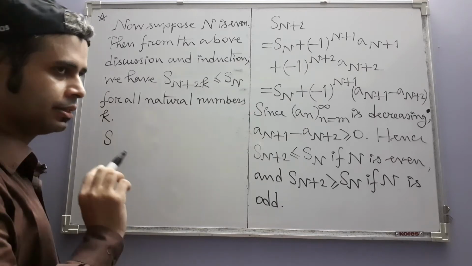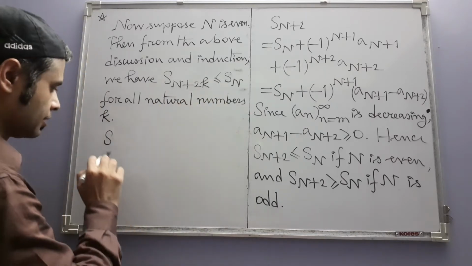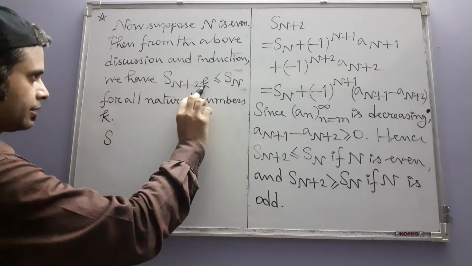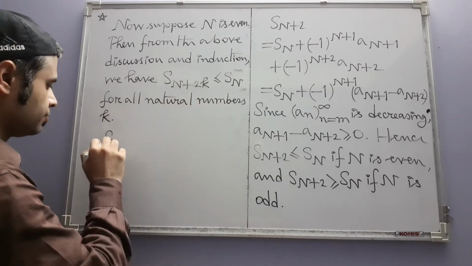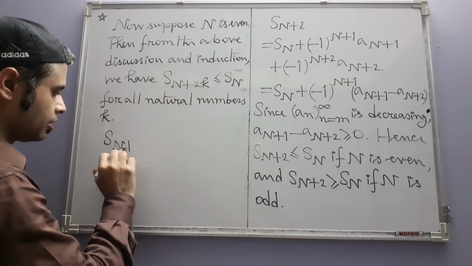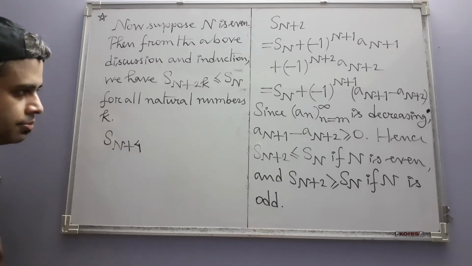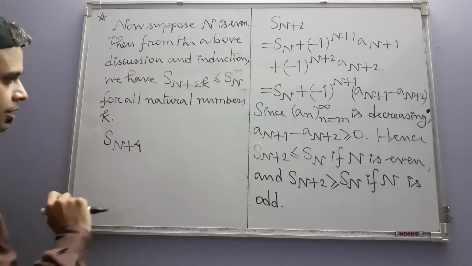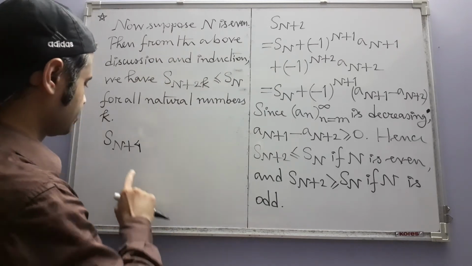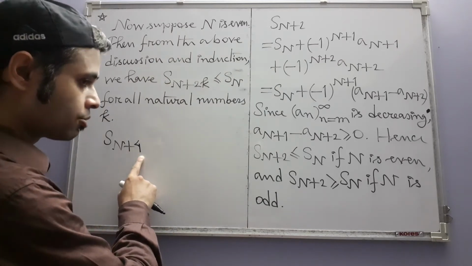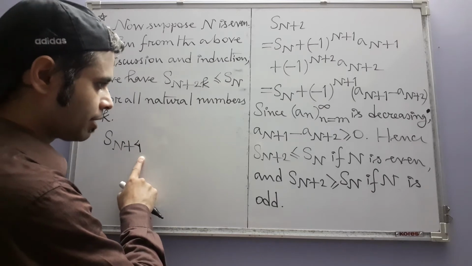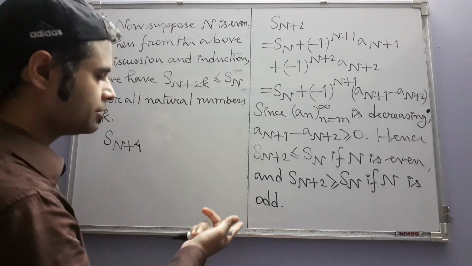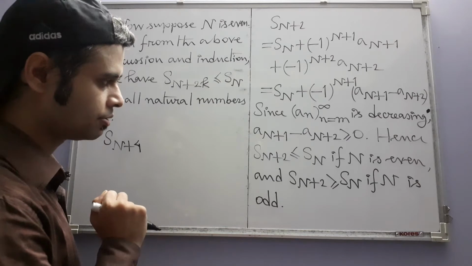How does one guess at these inequalities in the first place? Say you take k equal to 2, then you get Sn plus 4. Because we have chosen n to be even, n plus 4 is also even, and in fact n plus 2 is also even.